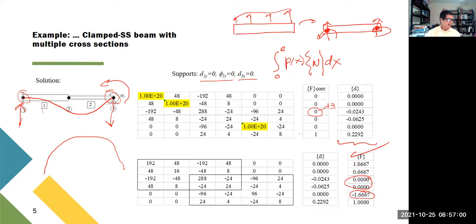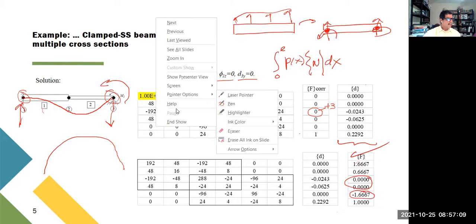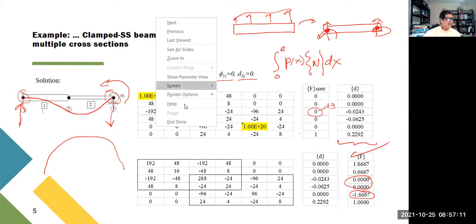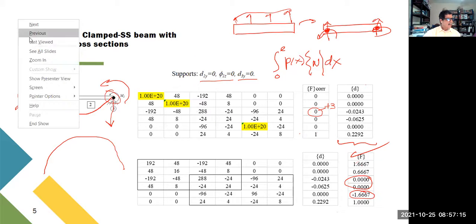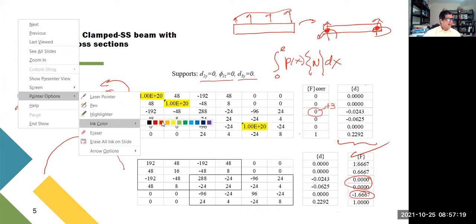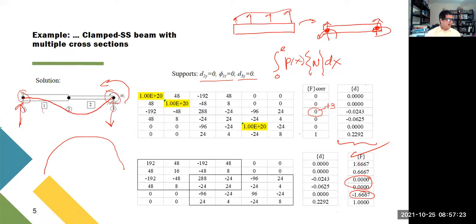From here, let me try to change color. I don't want to use yellow just in case.